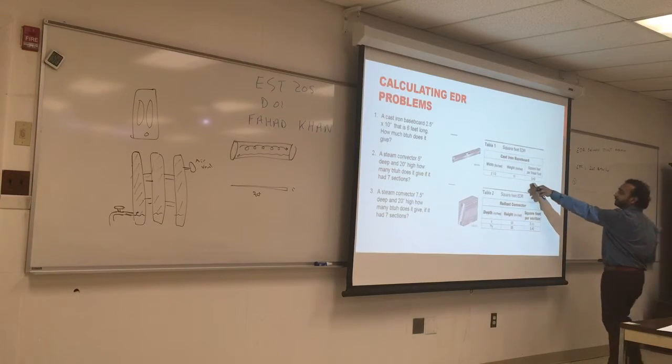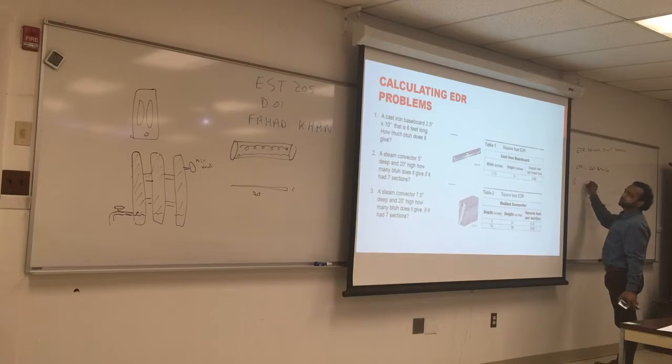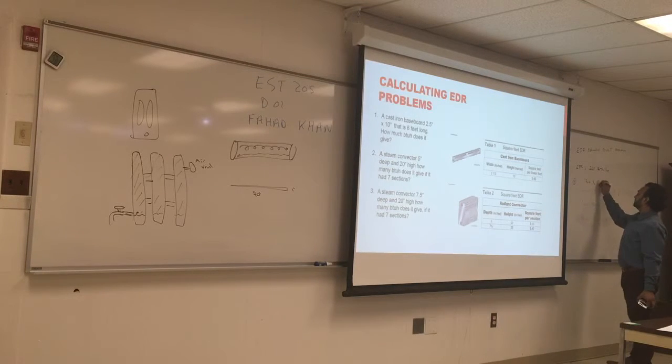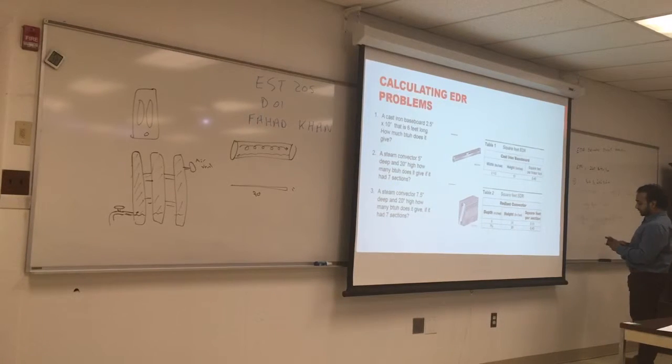So look at the table here, it's 3.4. So 3.4 times, what is the number for ADR? 240 times how many feet? 6. What would that give me? I got 4,800.